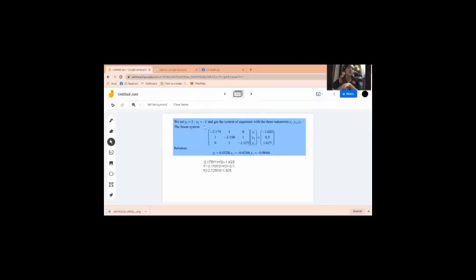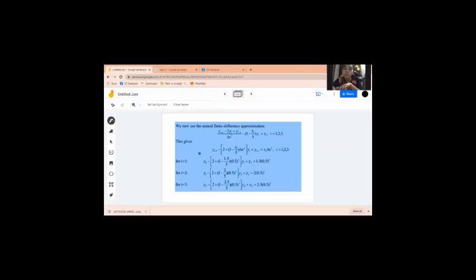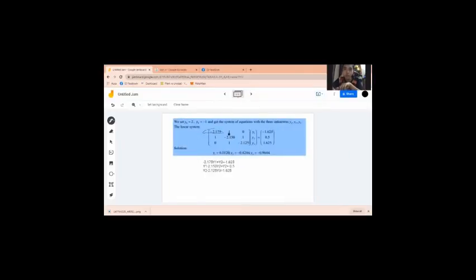This is the linear system, with three equations. Solving this gives the answers for y sub 1, y sub 2 and y sub 3, using these equations.